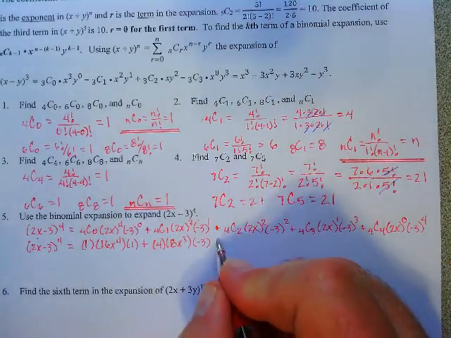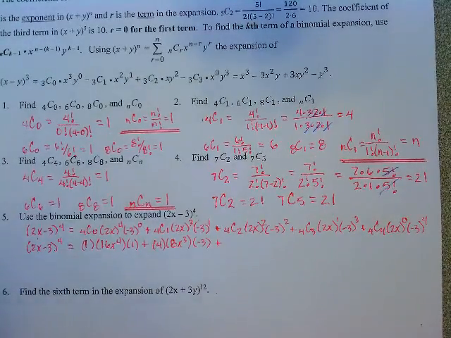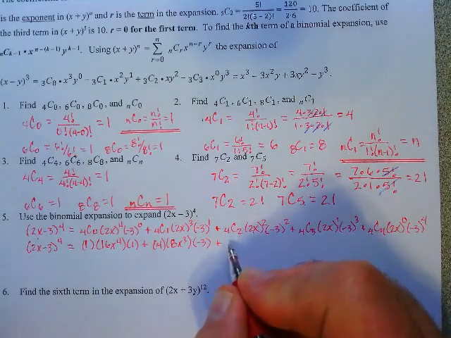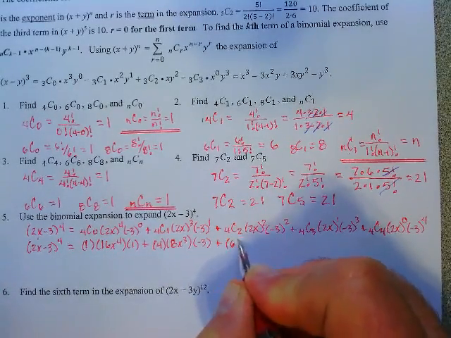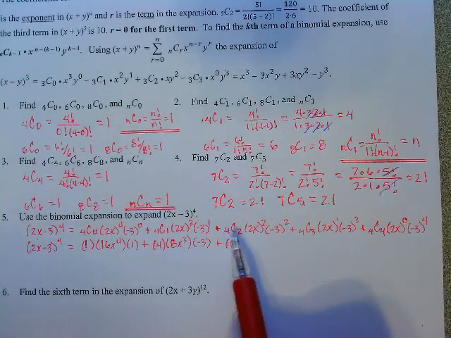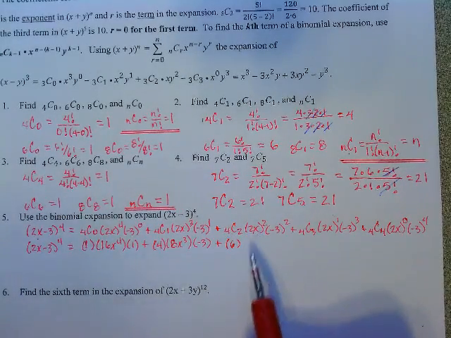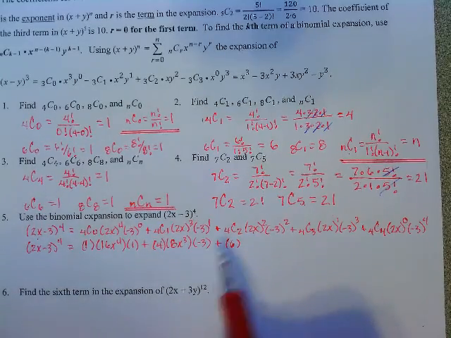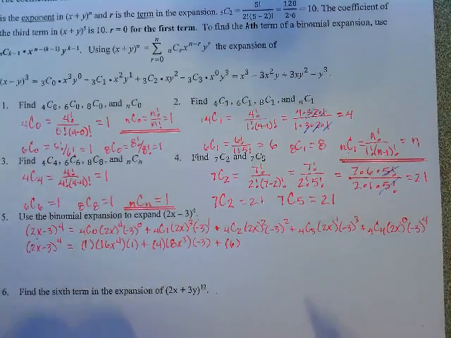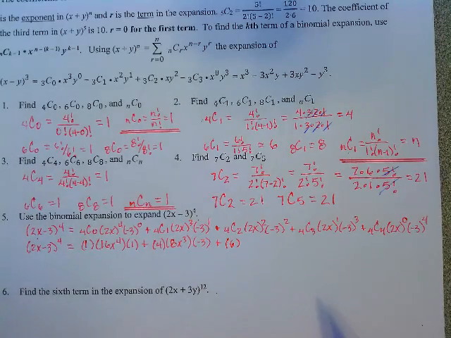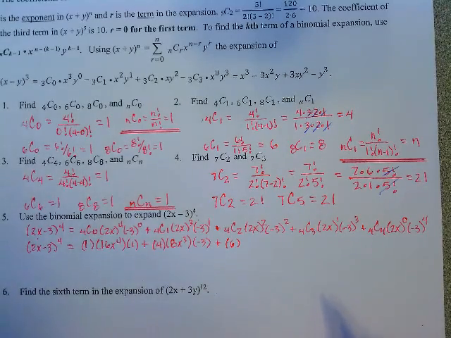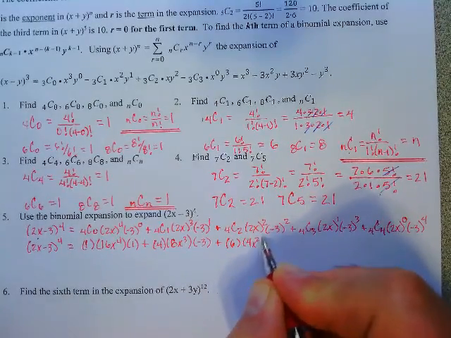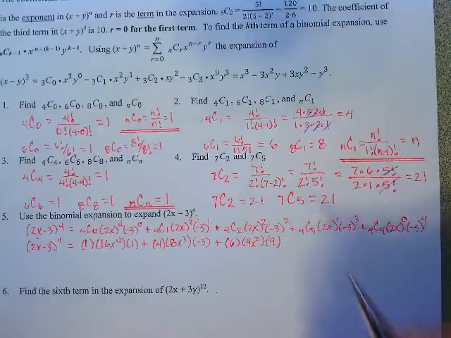The next one, we have 4c2. 4c2 will be 6. Basically this is going to be 4 times 3 times 2 times 1 divided by 2 times 1, so 4 times 3, 12 divided by 2, so this one will be 6, and then we have 4x squared and 9.